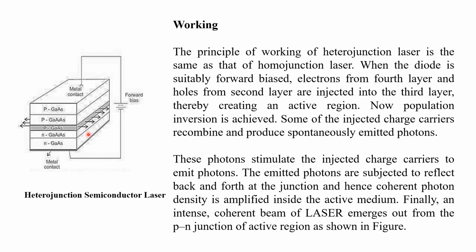You can see the arrow mark, which shows the emission of the laser beam from this active region, which acts as an optical resonator, and the photons get multiplied and you get a highly coherent beam.